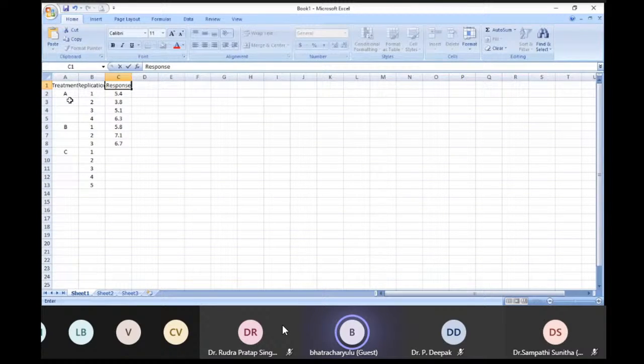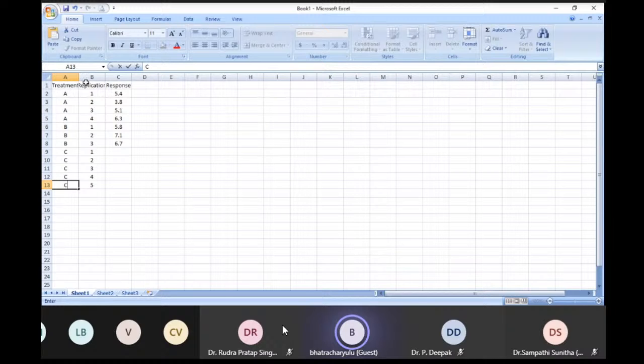Then you go to the data view, and you will get three columns like this. Then you have to enter the observations. Let's suppose there are three treatments, A, B, and C. Treatment A is entered four times, so four observations. The A treatment is applied at four places, B treatment at three places, and C treatment at five places.